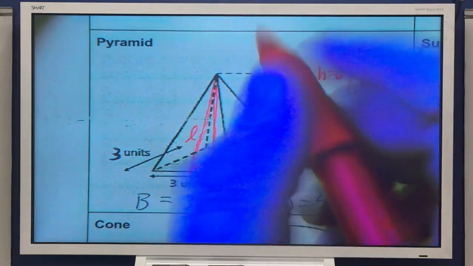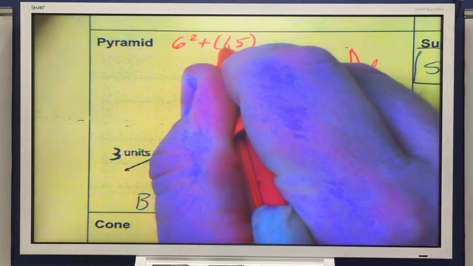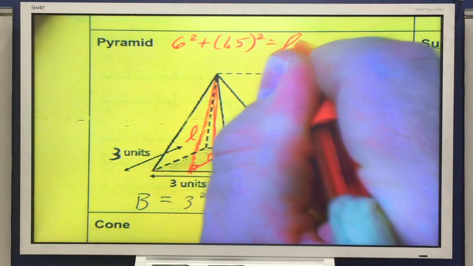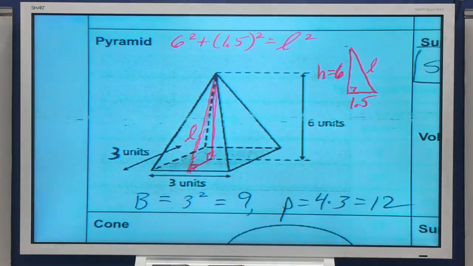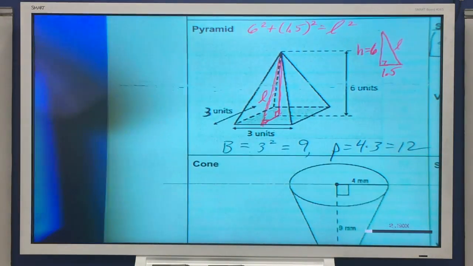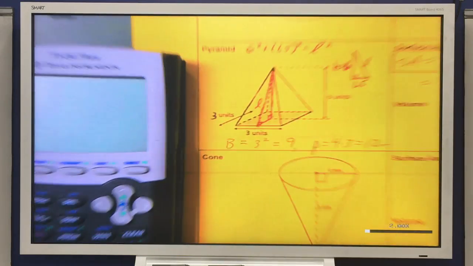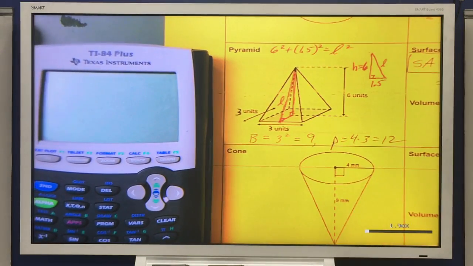So I'm going to do that above. I know that 6 squared plus 1.5 squared is equal to my slant height squared. That's what I know. So I'm going to pull out ye olde calculator and work that out.